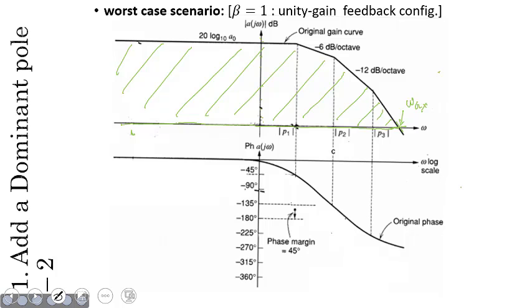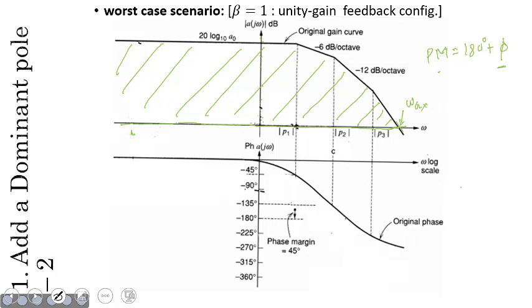But our goal is to ensure that when we read the phase value at omega equals omega gx, we have a phase value such that we end up with a phase margin equal to 45 degrees. What is the phase value that we need to have? To get that information, we need to know the definition of phase margin, which is defined as 180 degrees plus the phase angle at omega equals omega gx extracted from the loop gain.